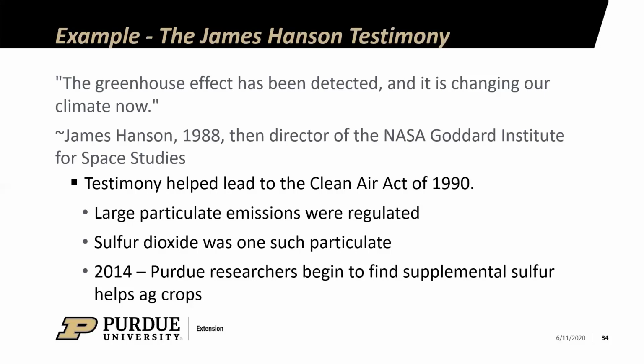And that's an amazing example of how one particular human change, the restriction on emissions from large industrial plants, changed what's taught in schools, changed what we observed in the environment, and as a matter of fact, it changed agriculture, because in 2014, 2015, the Indiana corn specialist and soybean specialist began to find that the lack of acid rain, the lack of sulfur that was falling from the sky, was creating sulfur deficiencies in our corn and soybean crops in areas where the organic matter of the soils was not very high.